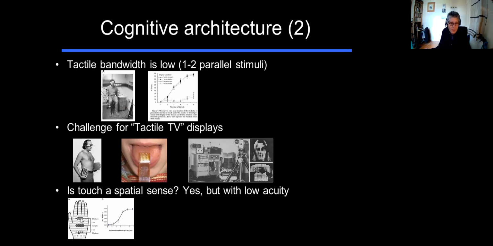So here what we did is we presented a pair of these two white stimuli, which basically define a line. And then we presented one of these gray tactile stimuli, which are normal to the skin. They're little solenoids. We presented another tactile stimulus, and you have to say whether the gray stimulus is on the right or the left of the line defined by the previous two stimuli.